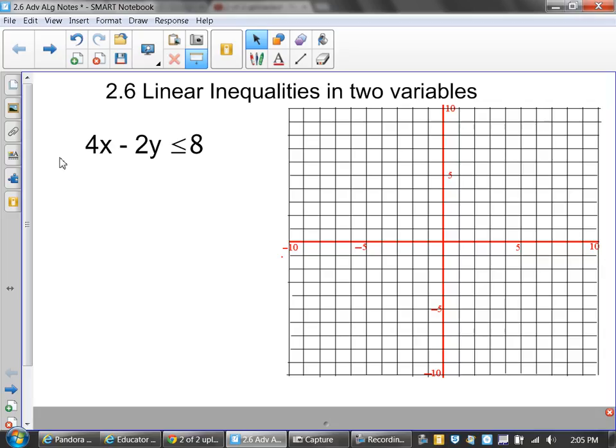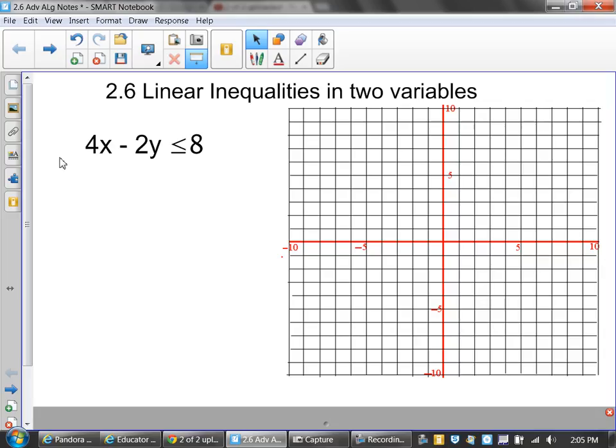So, real fast, when you're graphing lines that are inequalities, this should not take us more than 10, 15 minutes to get through, and I will allow you time to finish your homework before you get out of here today. A couple things to remember when graphing lines that are inequalities is whether you have solid or dotted lines.